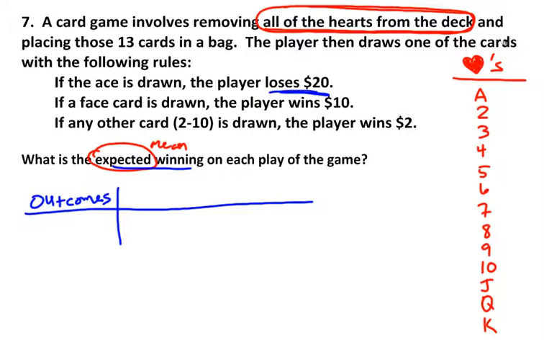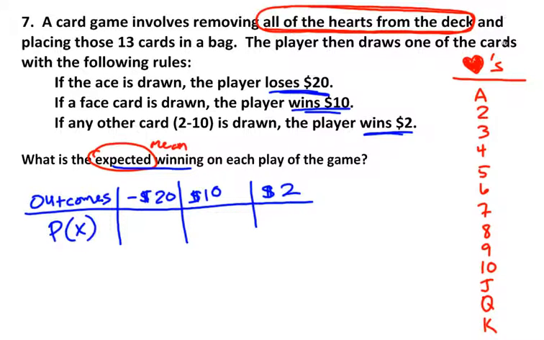Unfortunately, the first thing is losing $20. So that's one of the outcomes that we can run into. The second one is winning $10, so that would be a positive $10. And our third outcome is winning $2, so that would be a positive $2.